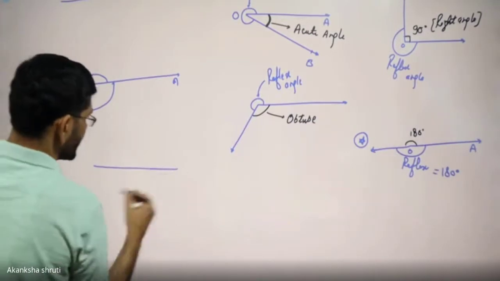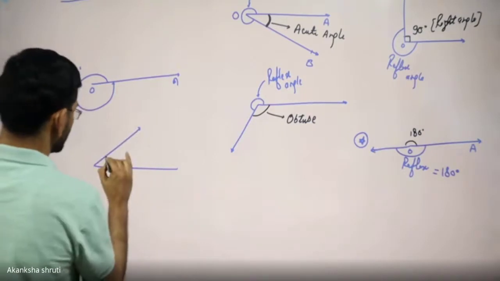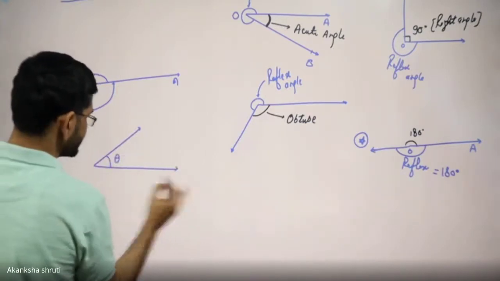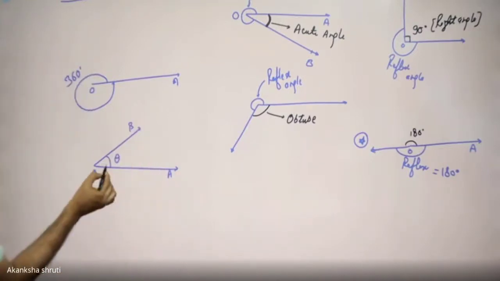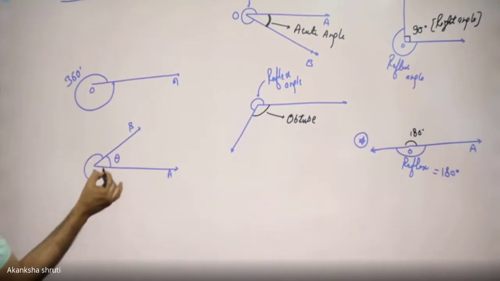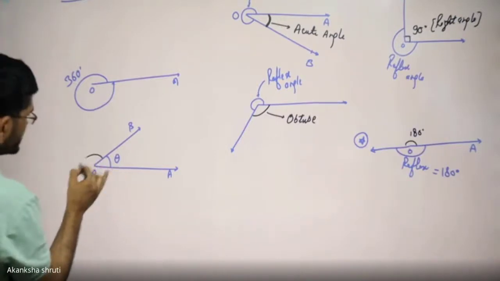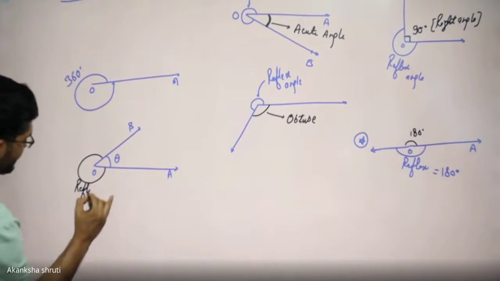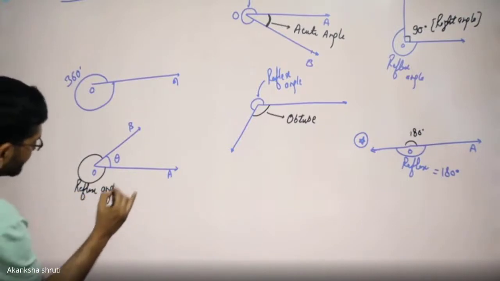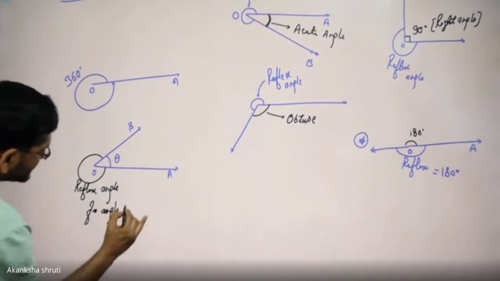But if we make a small angle, say theta from here, consider this point as O, A, B, then excluding this theta, starting from this one and coming back to this one, this bigger side will be called the reflex angle for angle theta.